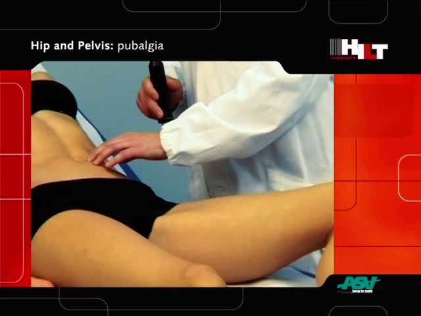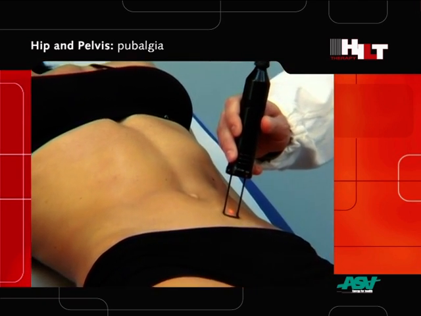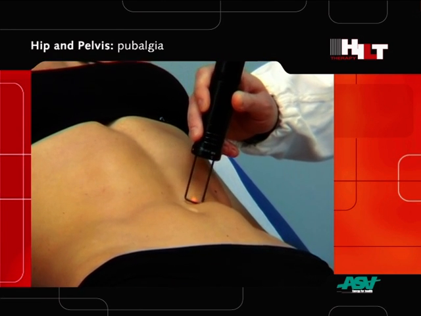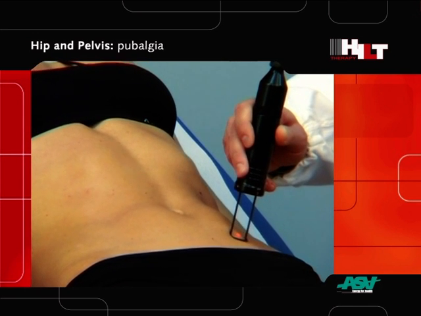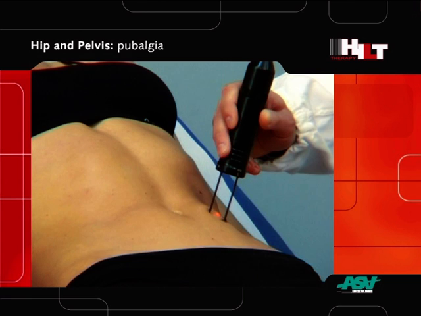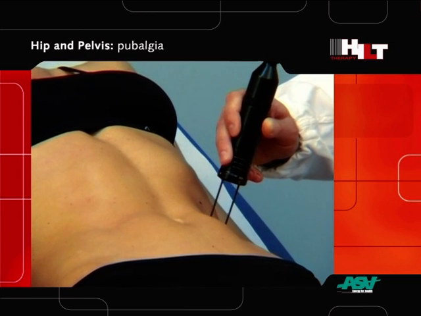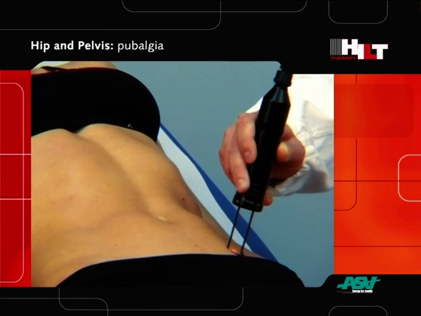Then we will scan slowly and longitudinally the muscle belly of the rectus abdominis. Then with transversal scanning movements.